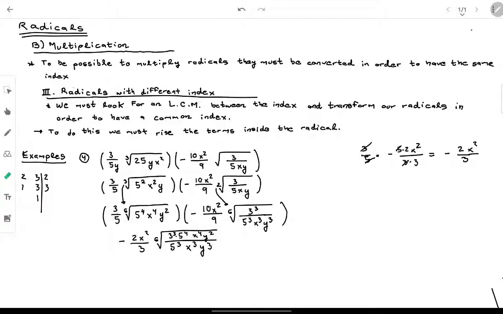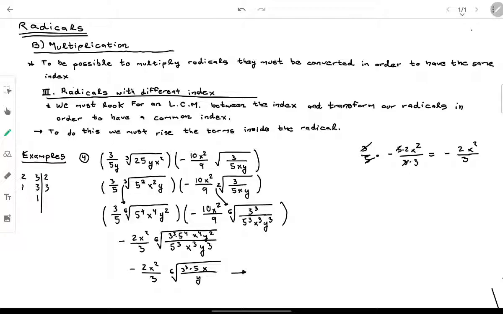We can simplify it, and it's going to be minus 2x squared divided by 3. We can simplify the inside, 5 to the 4 and 5 to the 3, it's going to be one 5 on top. The 3 cubed doesn't have anything to be subtracted. X to the 4 and x cubed, it's going to be only x on the top. Y squared and y to the 3, it's going to be y on the bottom.